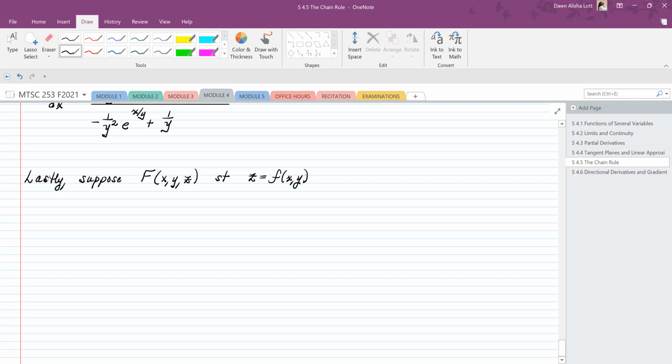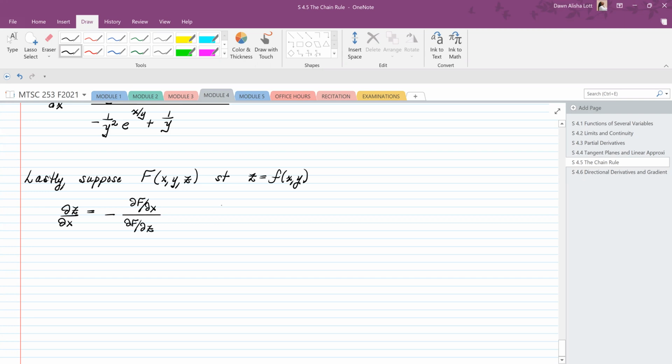Then, in order to get the partial of z with respect to x, you have to take negative the partial of f with respect to x, and then divide by the partial of f with respect to z.